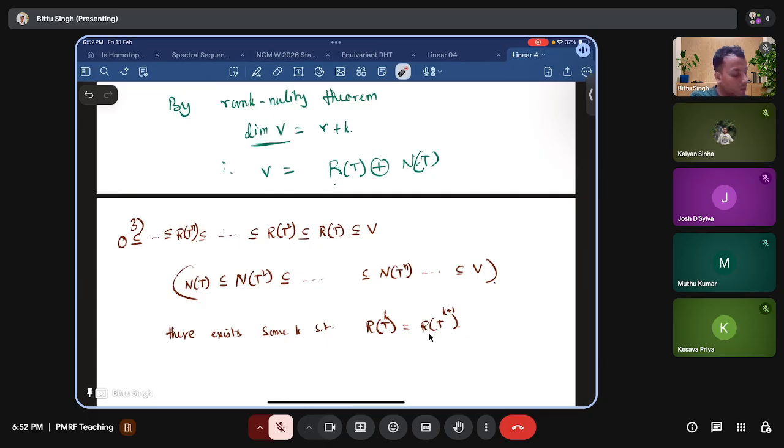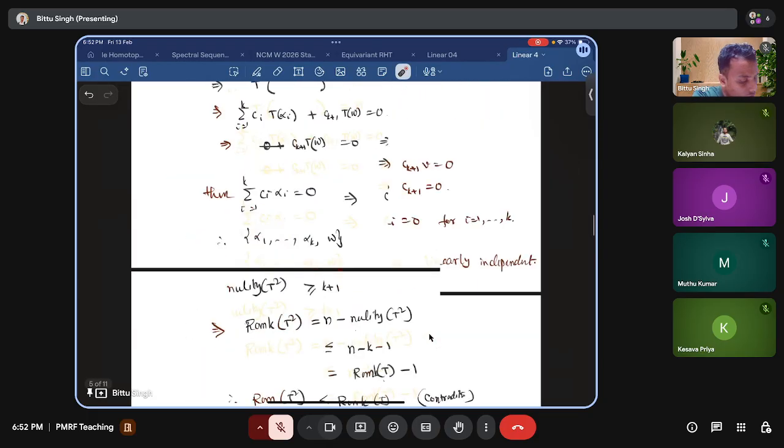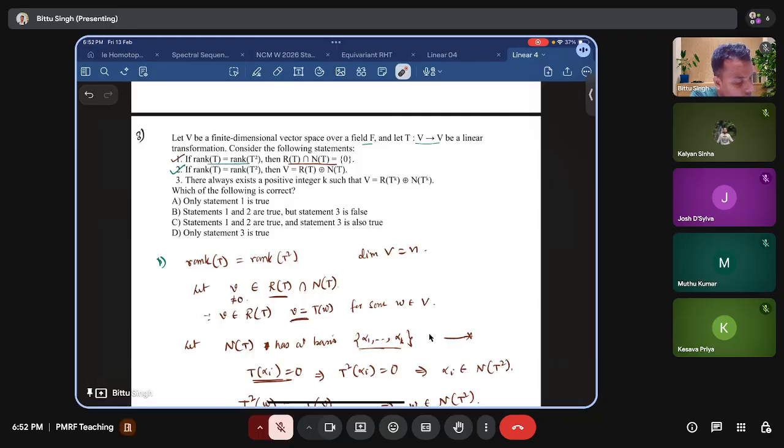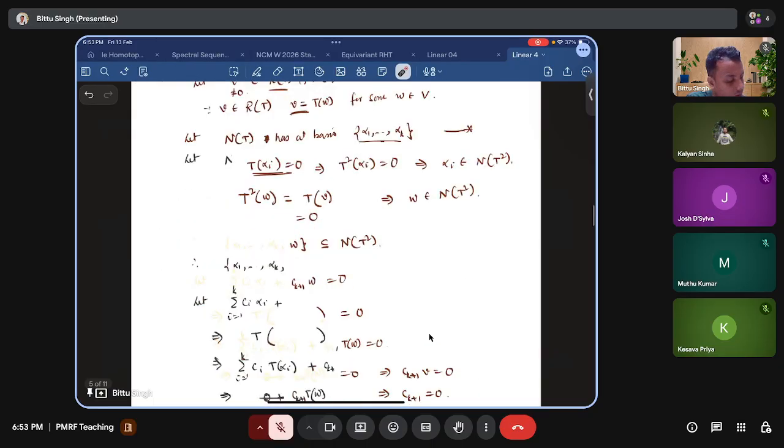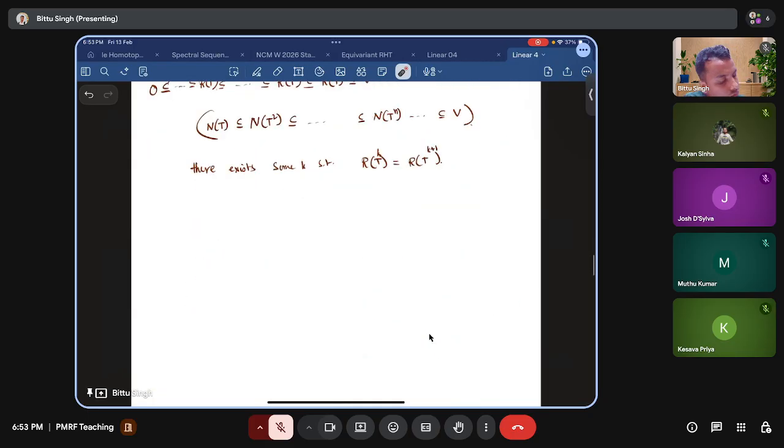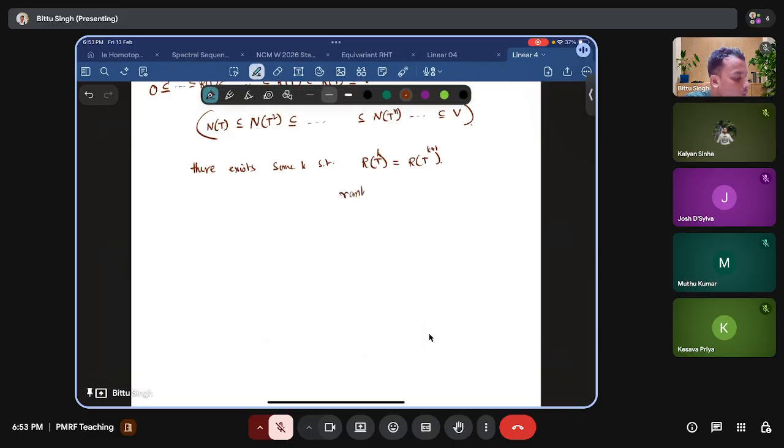Okay. So if this is the case, then now we can use this previous observation. And then if we use this observation, we can prove that V is the same as range of T to the power k direct sum null space of T to the power k. Instead of T, we are actually using T to the power k and T to the power k plus 1 here. So from here we are getting rank of T to the power k is the same as rank of T to the power k plus 1.